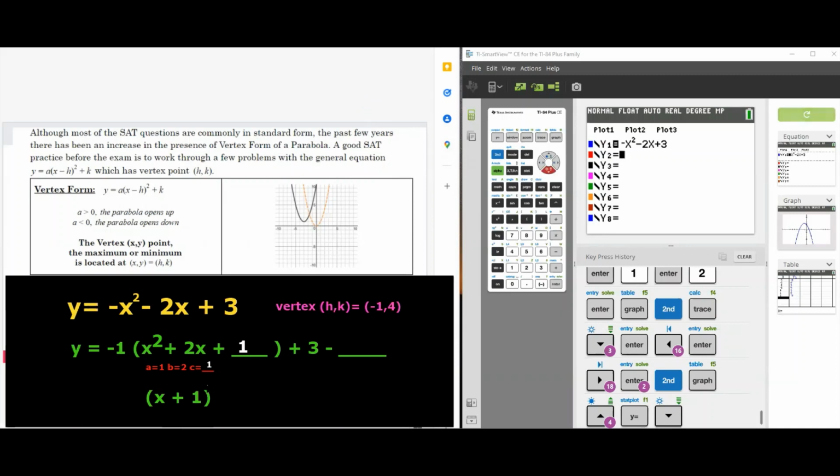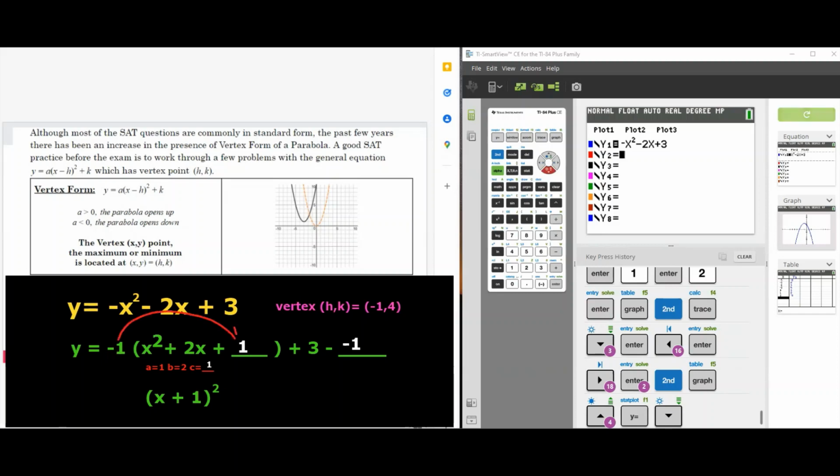However, since we add 1 unit to this term, it was actually -1 times 1. So that means we really put on the right side a -1. So we have to take that same amount, -1, and subtract it to keep balance. So be careful with the signs when you're doing this. Since we added 1, we multiply that by -1 when we distribute here.